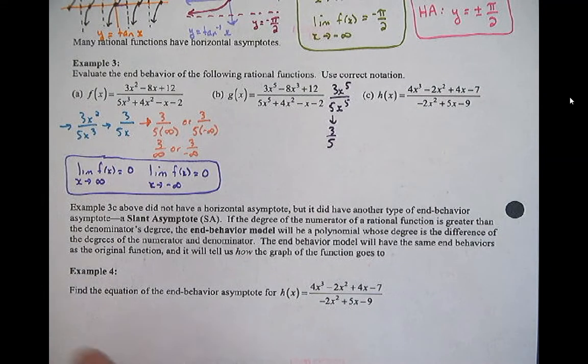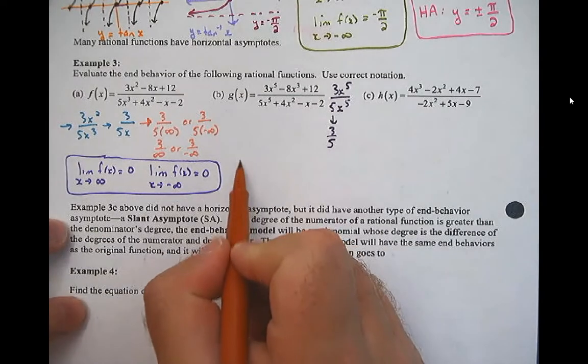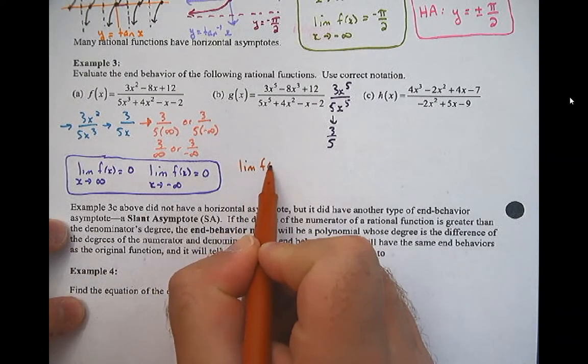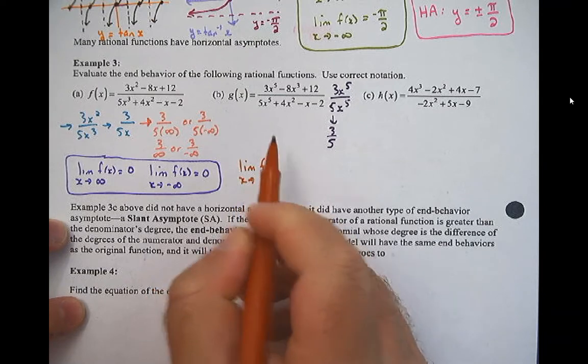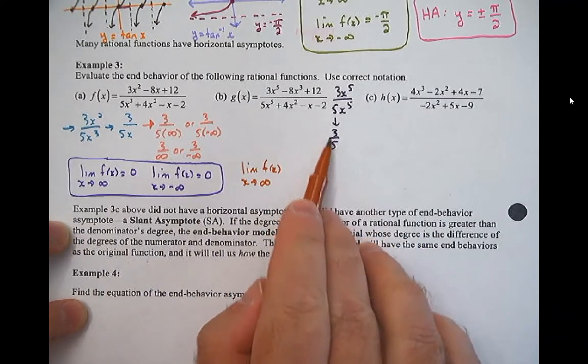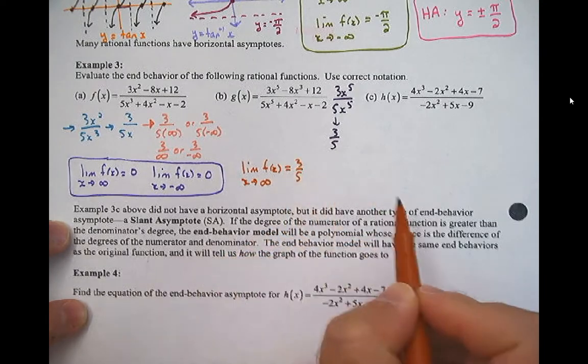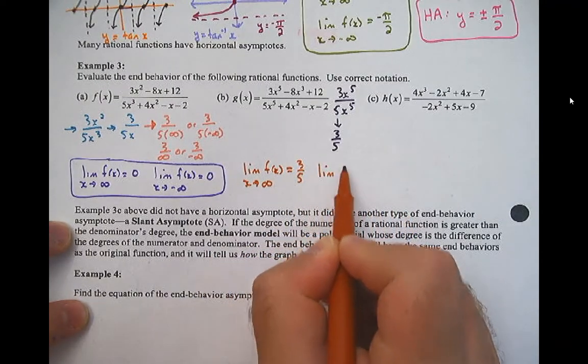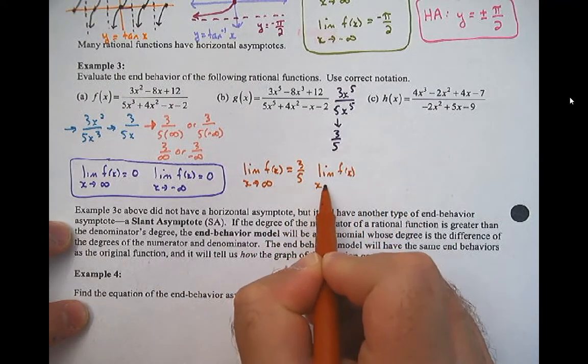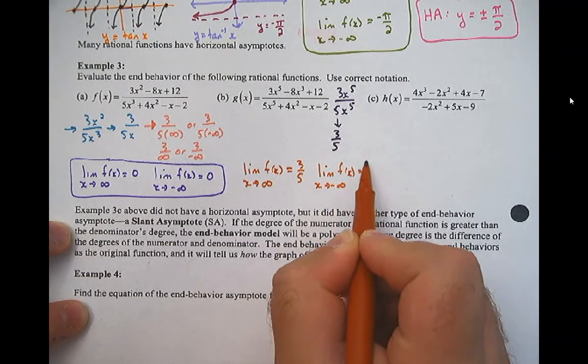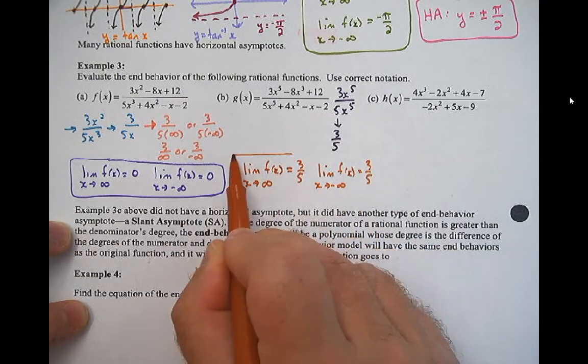So I can now identify my limit of f of x as x approaches infinity. If I plug infinity into this, there's nowhere to plug it in, and I would just get 3/5. The limit of f of x as x approaches negative infinity is also 3/5.